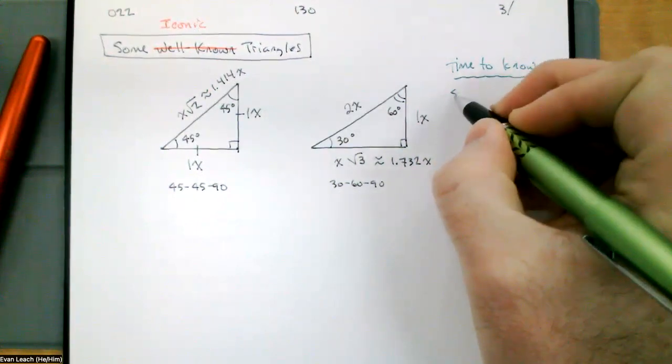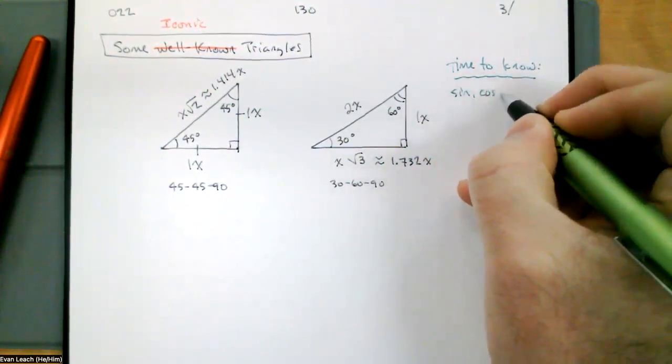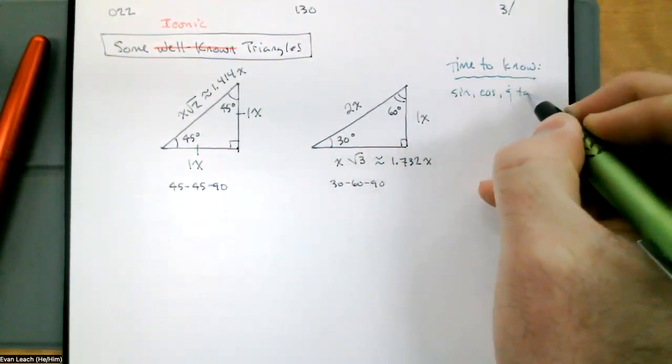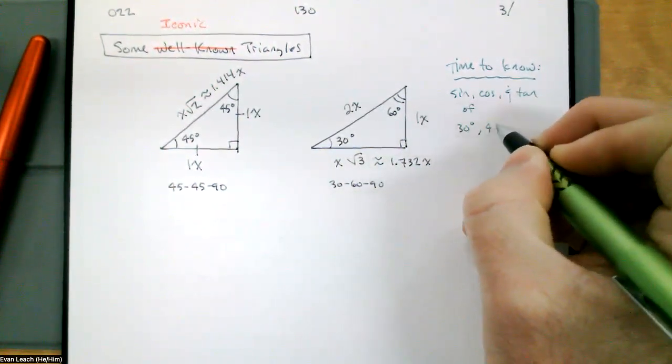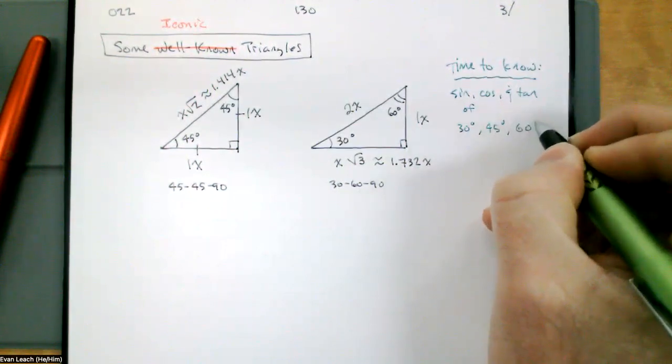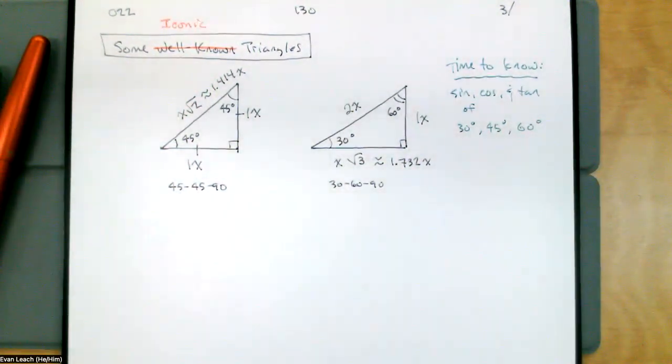It is time to know sine, cosine, and tangent of 30, 45, and 60. We're only going to be adding to this. So this is where we're going to start with these two iconic triangles.